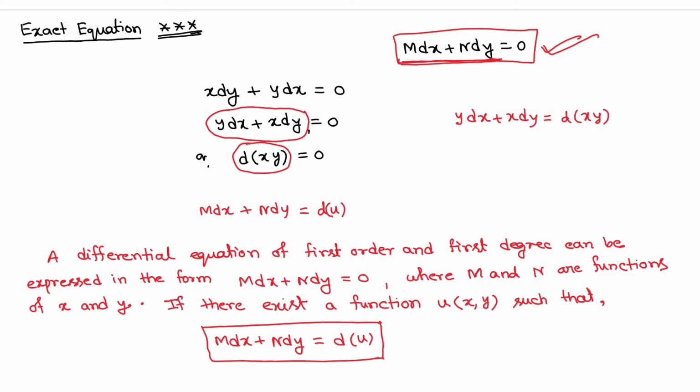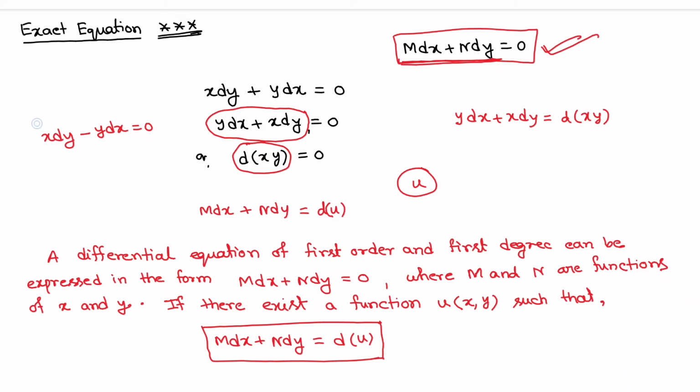Actually this is the definition of exact equation, but you can find the function u if the equation is an easy equation. If the equation is hard, then you cannot find this function u. Yes or no? For example, let's say I am giving you x dy minus y dx equals to 0.